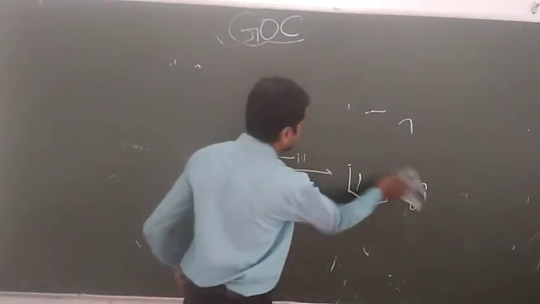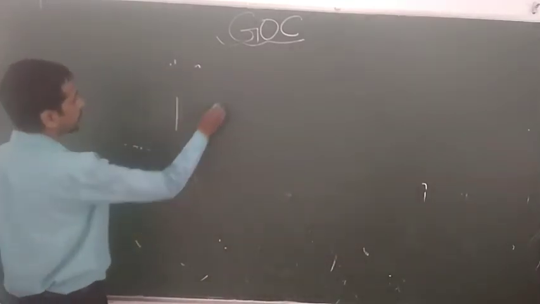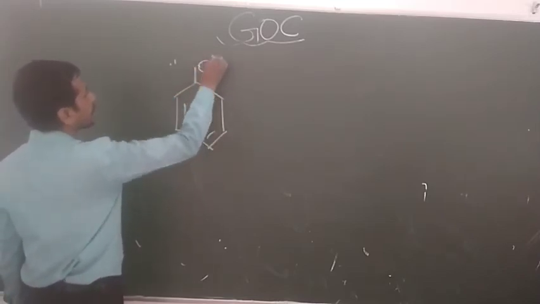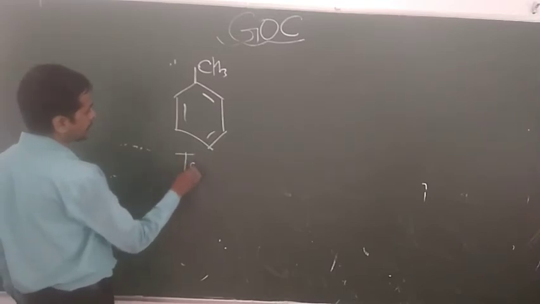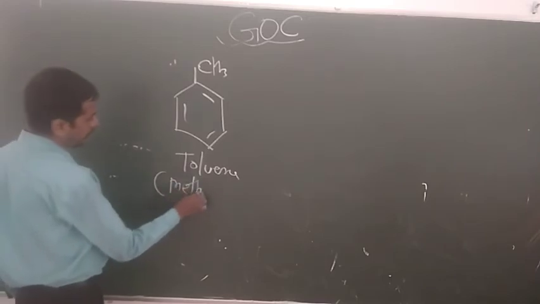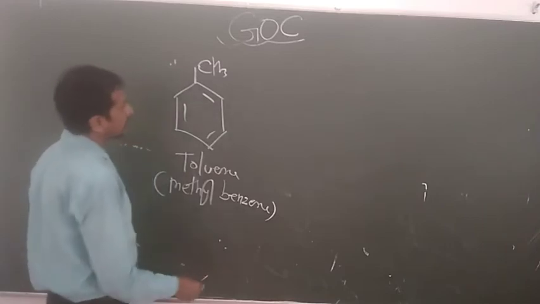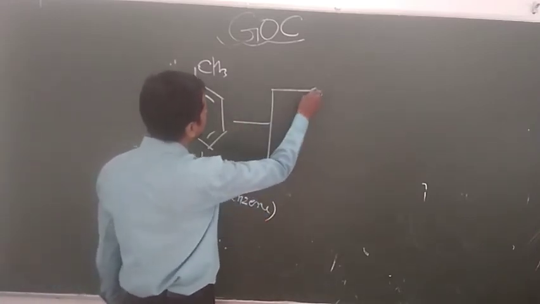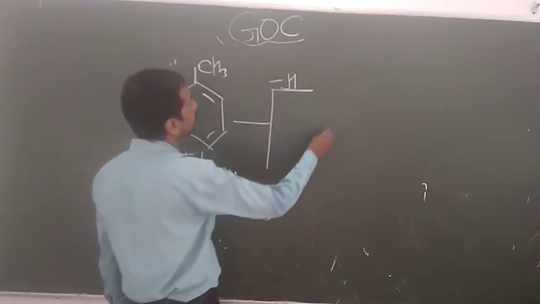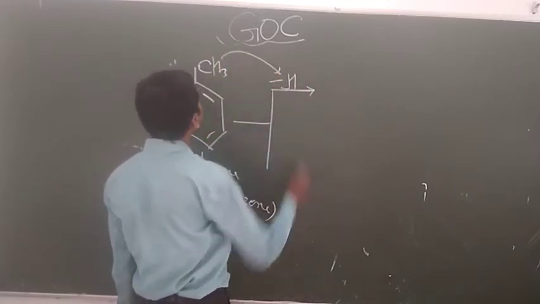Now students, some more groups related to benzene. Look here. The common name of this chemical is toluene, also known as methyl benzene. This will generate groups. One H is removed from the side chain carbon.